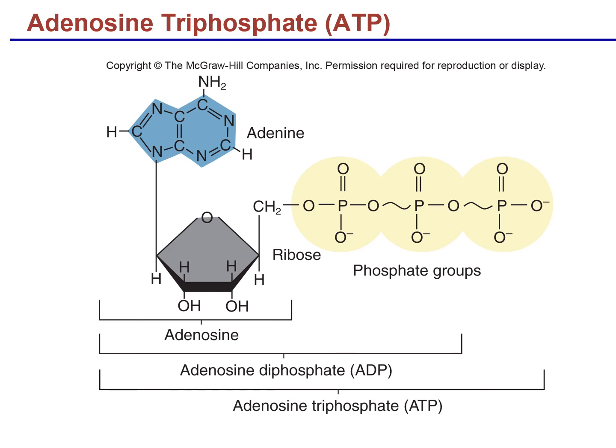That releases energy, and what you have left is a nucleotide that has 2 phosphate groups that is called ADP, adenosine diphosphate. And later, when you have energy available, you would tack that phosphate group back on and resynthesize that molecule for use again.